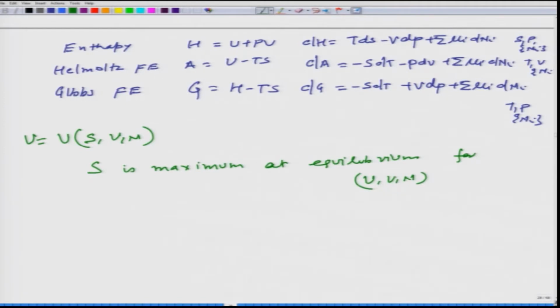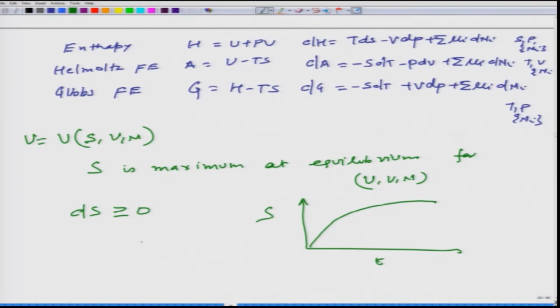Now, in other words, S as a function of time continuously increases until it reaches an equilibrium value. Okay. So, the second law tells you that delta S is going to be greater than or equal to 0. Okay. So, this also implies that U is going to be minimum for given S, V, n.